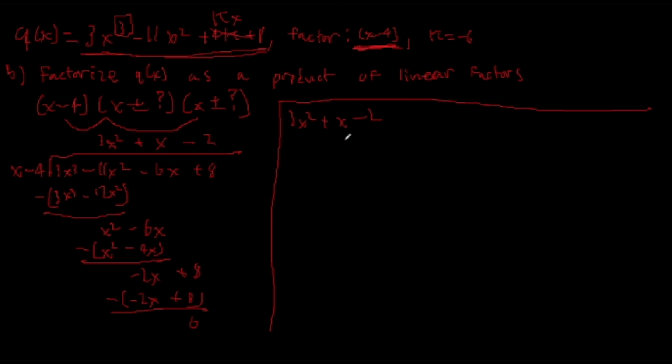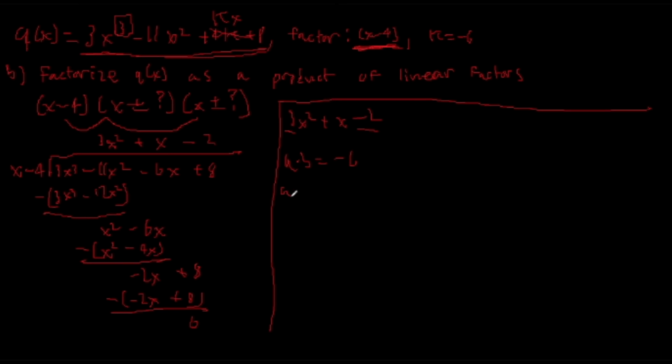There are a few ways that you can do this, but we're going to do the factorizing by grouping. What this is, is that we take the number here and the number here, so 3 and negative 2, and we multiply them by each other. So we're going to say that a and b, when you multiply, gets you to negative 6.